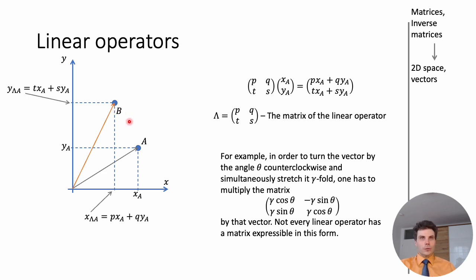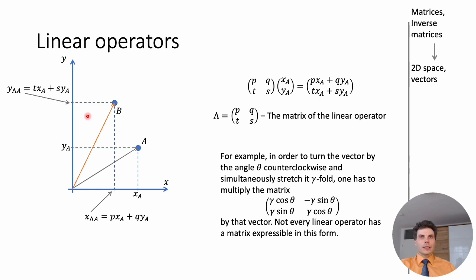The coordinates of this output vector are going to be the weighted sums of the coordinates of the input vector. The x coordinate of the vector lambda a, which is the output of the linear transformation lambda, is going to be p times x sub a plus q times y sub a, where p and q are fixed numbers, and the y coordinate is computed in an analogous way.